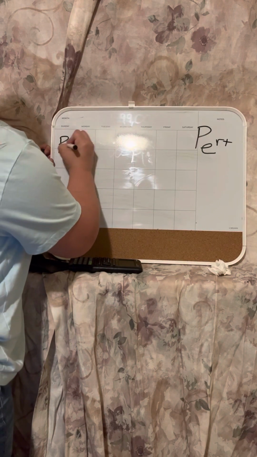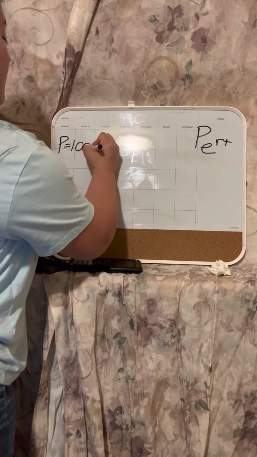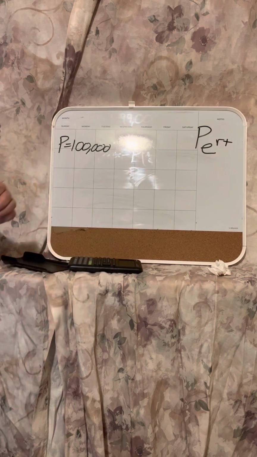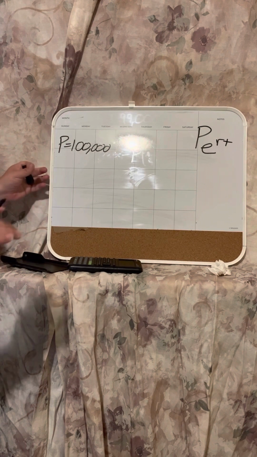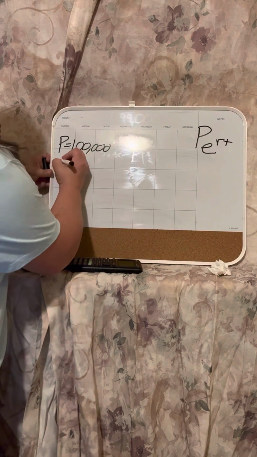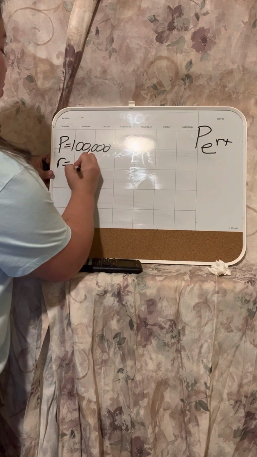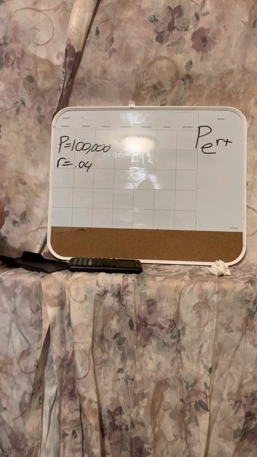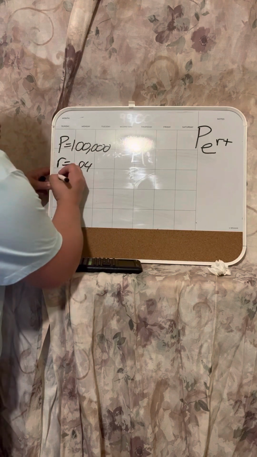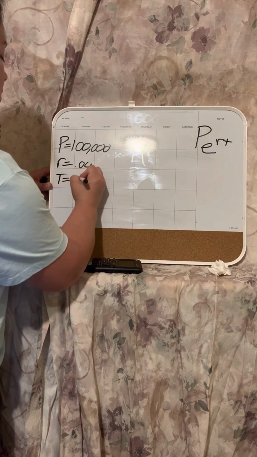So the principal is $100,000 to an account earning 4% interest, which is rate equals 0.04, and it's compounded continuously. If no withdrawals are made, how much was in the account at the end of 4 years? So our time would be equal to 4.